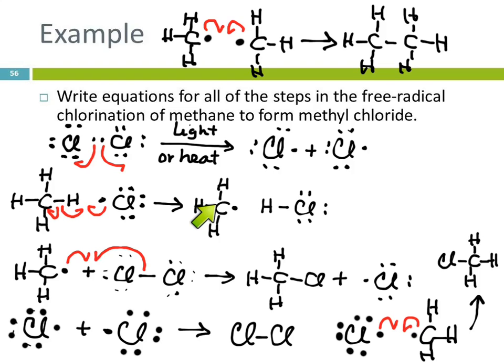This is very reactive. We've got lots of chlorine atoms around, and so this reaction, or this reaction are going to happen more than this one. But this one will happen a little bit. When that happens, the reaction stops, and there you've got an ethane molecule in your mixture.